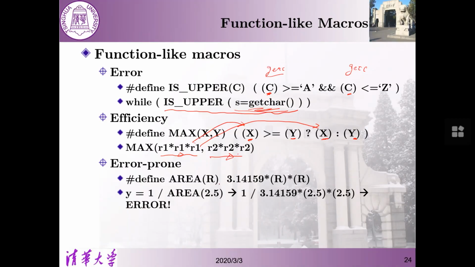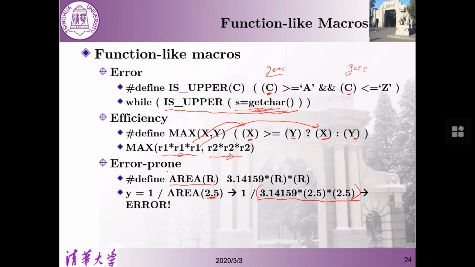For this area, if we define area R like this, and then call this macro in this way, we will get this one. However, because there are no parentheses here, the value is wrong, right?